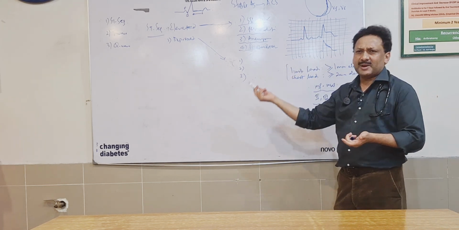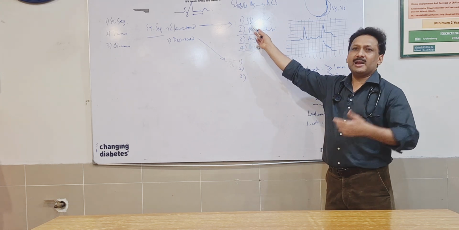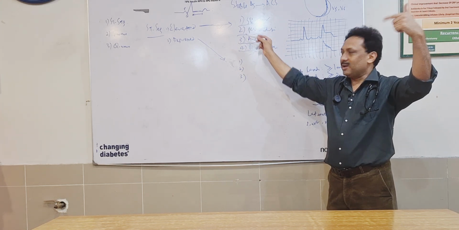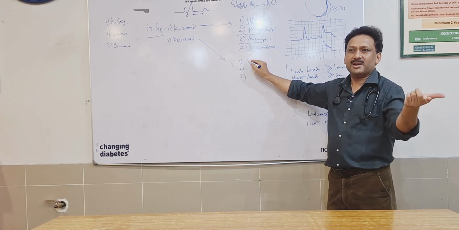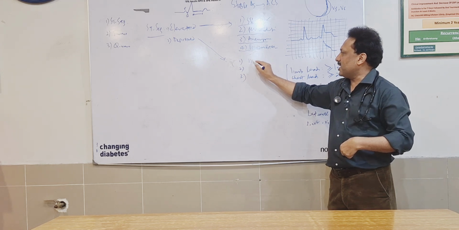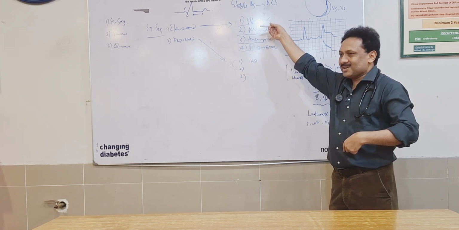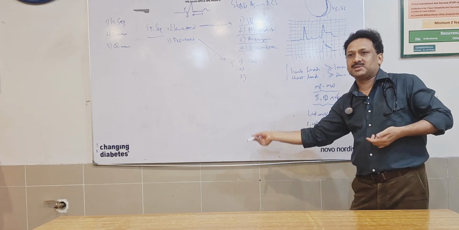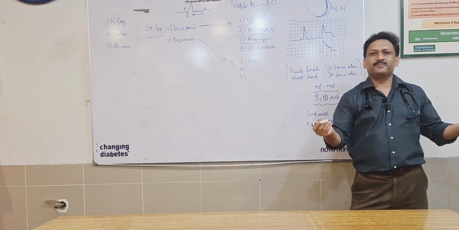Now, talking about ST segment depression, here we are talking about angina. In the setting of angina, ischemic heart disease, ST gets depressed. Any other differential?